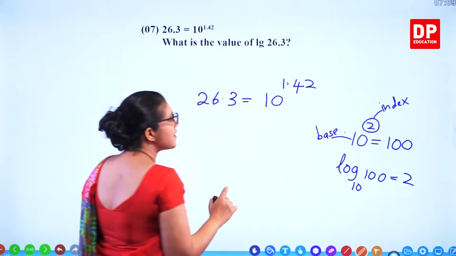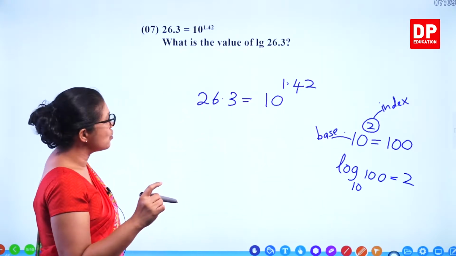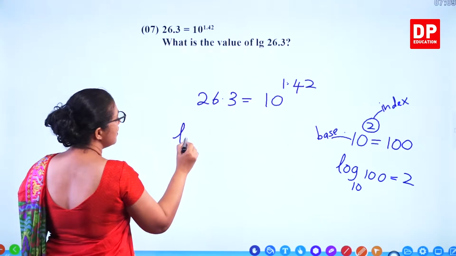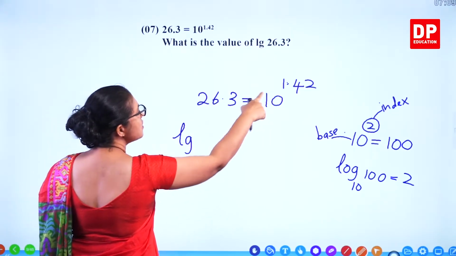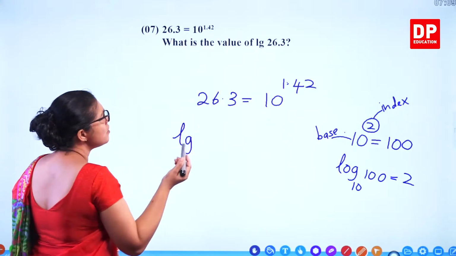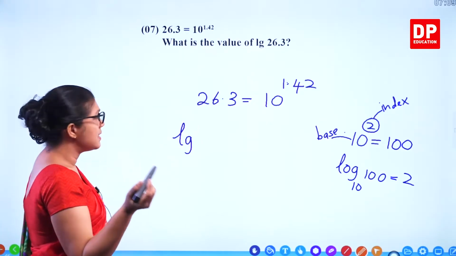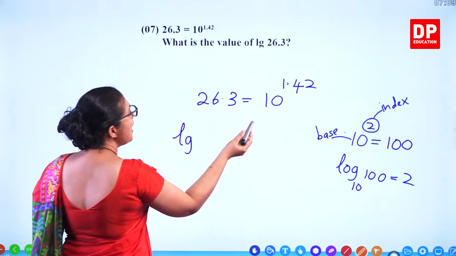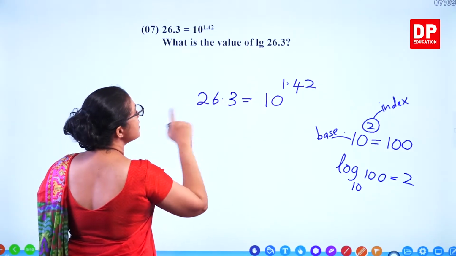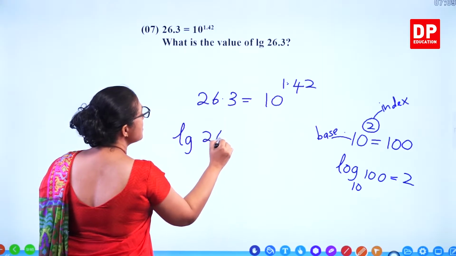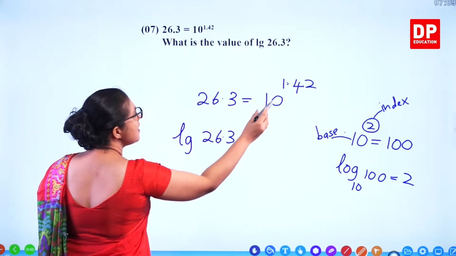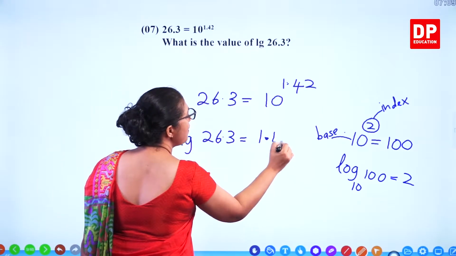So likewise, can you convert this to log notation? Log, you can write LG. Base is now 10, so LG means log base 10. And then you can write the number. 26.3 is equal to 10 to the index 1.42.